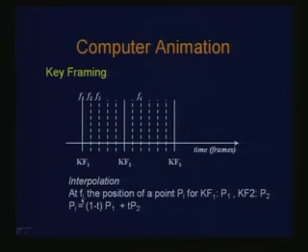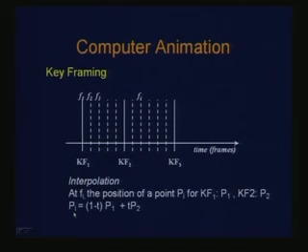So, any frame Fi, which is the intermediate frame, which may be reflecting the position of a point or an object, then all we are saying is that this Pi, which is the position of a point or the object for the intermediate frame, is a linear interpolation of the position at P1 and the position at P2. Okay. So, linear interpolation is one way of doing the interpolation of keyframes, right.